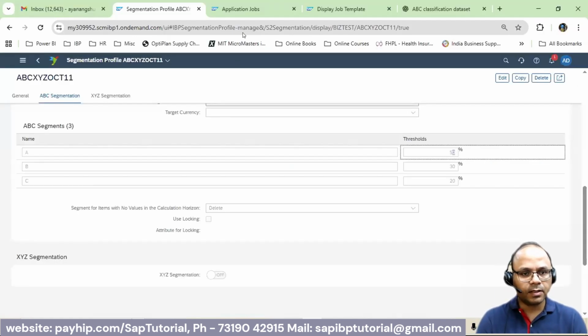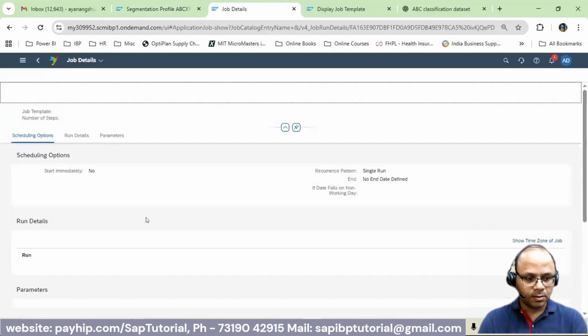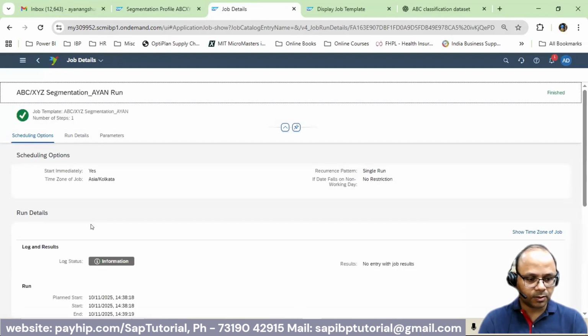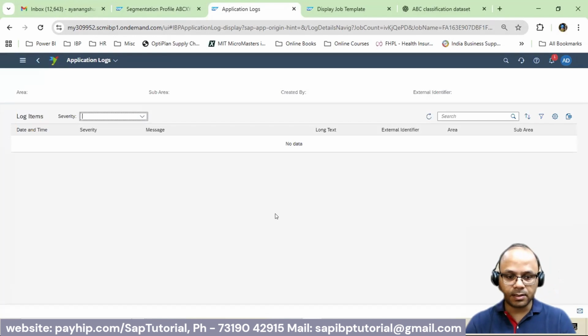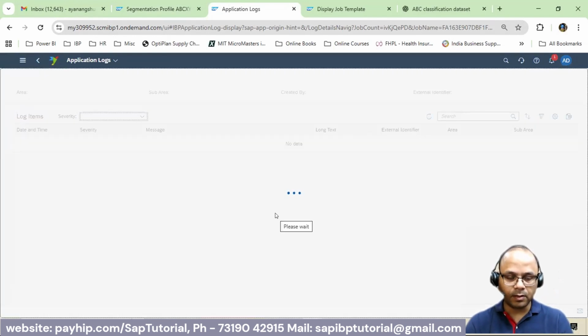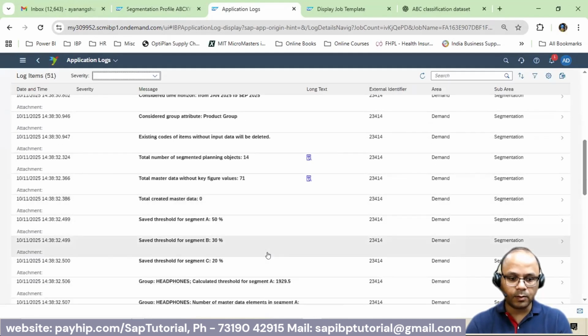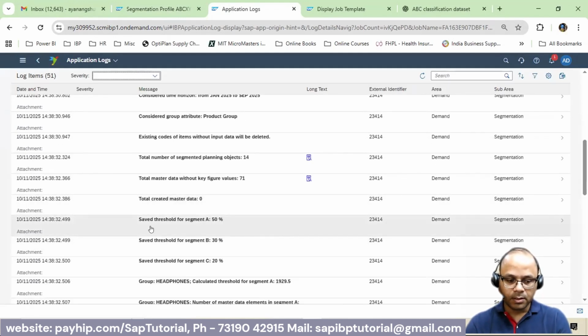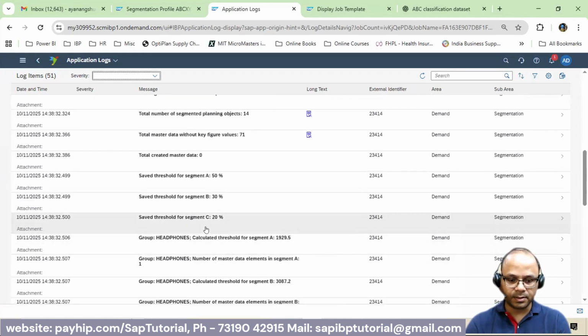Or to use the grouping or any other attribute by which we want to do the classification. To verify this, we can also see the application job logs. So we go to this job that we have seen, and we can confirm our understanding. In this log, let's see how it is generating the log to show us how it did a classification. It says that the threshold for A is 50%, for B it is 30, and then C is 20%.